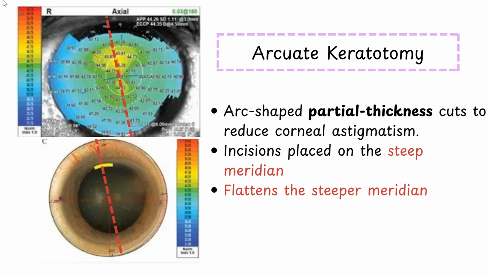Next is the arcuate keratotomy. Arcuate keratotomy or astigmatic keratotomy is used to reduce astigmatism. It involves a curved partial thickness incision placed on the steep meridian of the cornea. Weakening the steep meridian allows it to flatten, while the opposite meridian becomes relatively steeper due to the coupling effect.